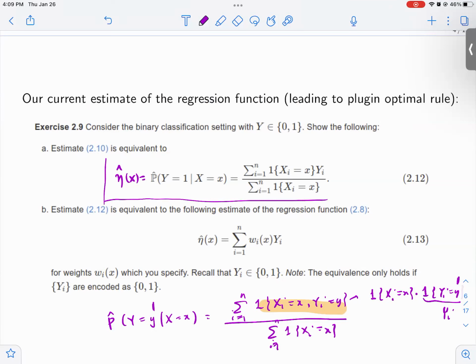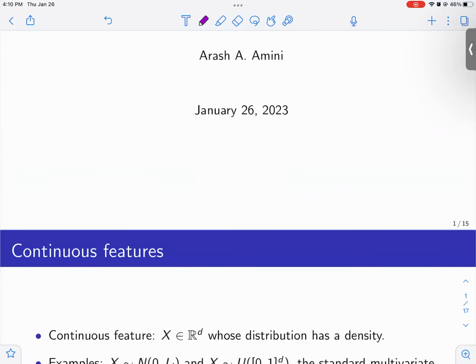If I now move to a continuous random variable, as we discussed, when I have a training set of size n, with probability 1, all of the x's would be different. With probability 1, we will have n unique values.